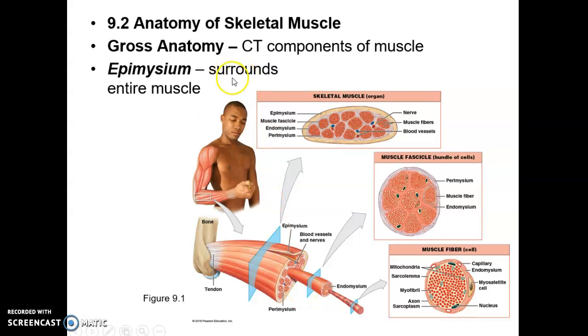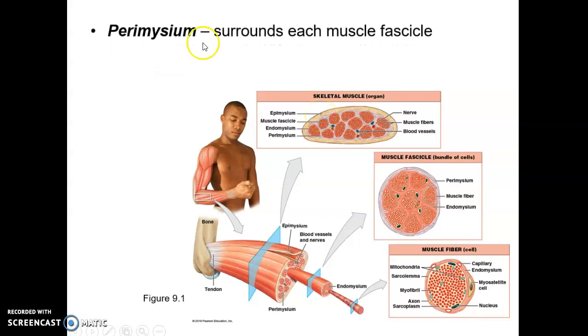Surrounding the entire muscle is the epimysium, epi for on top of, mys for muscle. In cross section, here is the outer edge of the muscle, and it's covered by a connective tissue sheath called the epimysium. It helps bind the muscle, hold it intact.